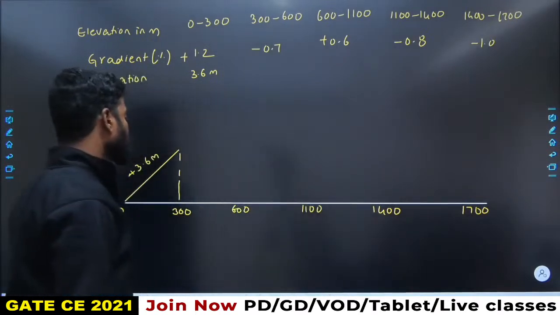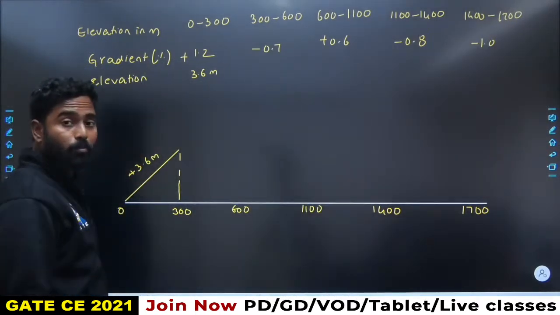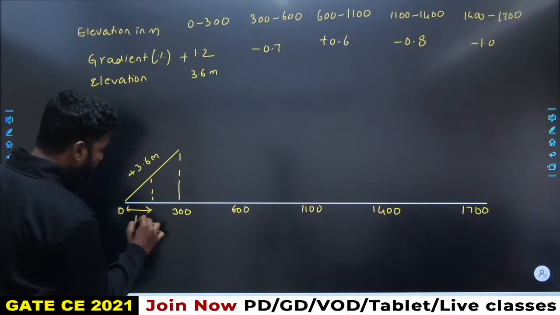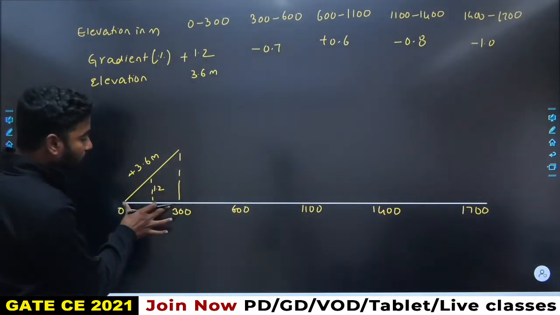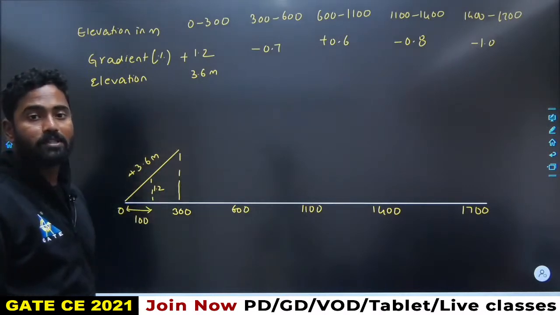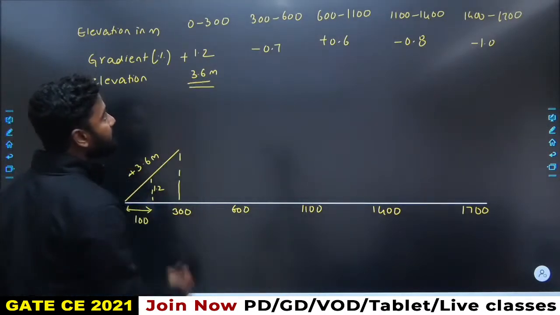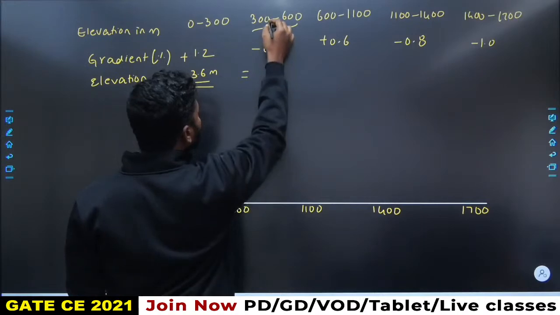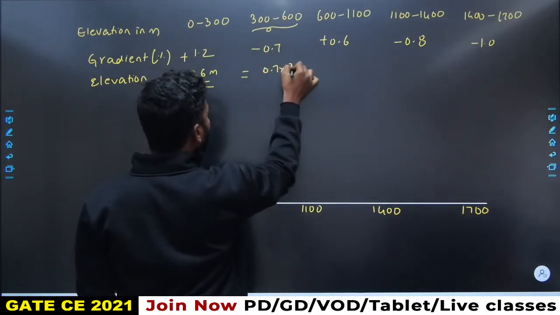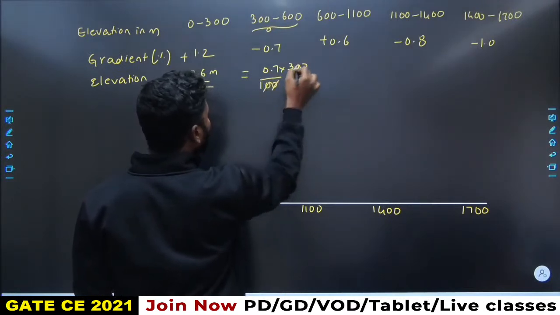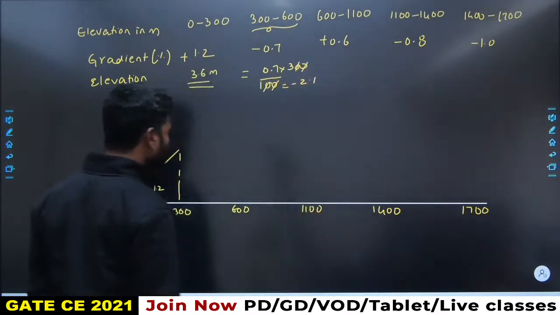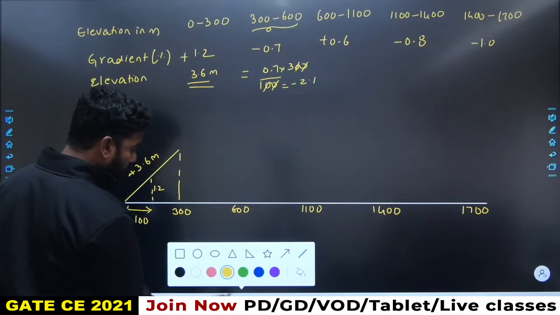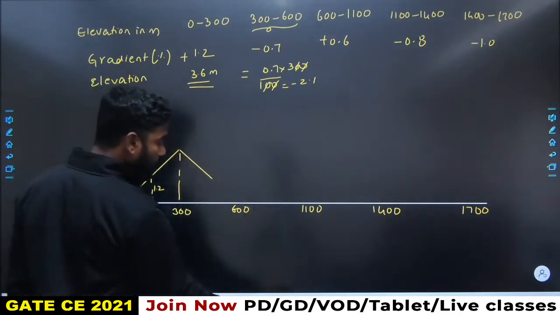Plus 1.2% means for 100 meters there is a rise of 1.2, then for 300 meters there will be a rise of 3.6 meters. Similarly, the distance between these two points is 300 meters, so 0.7 by 100 into 300, this would be minus 2.1 meters. So from here to here, there is a fall of 2.1 meters.